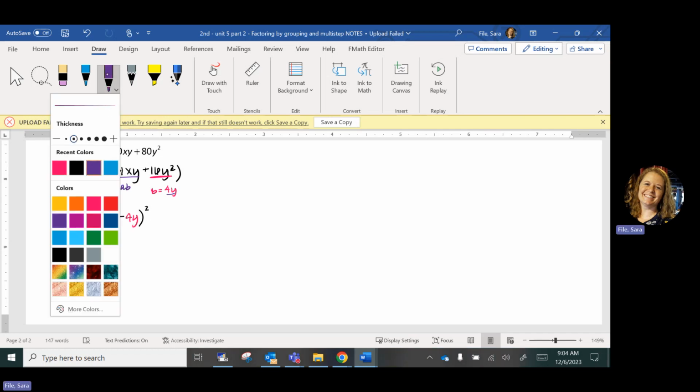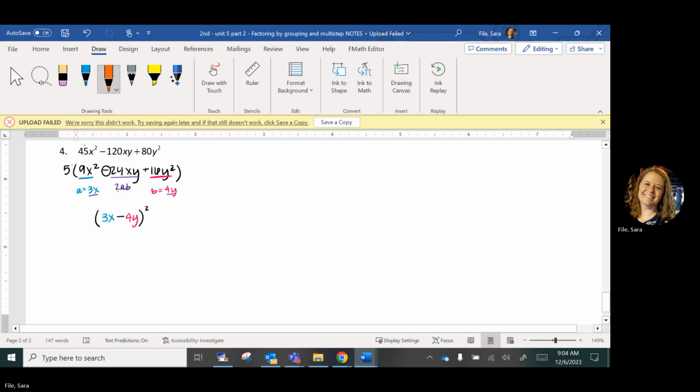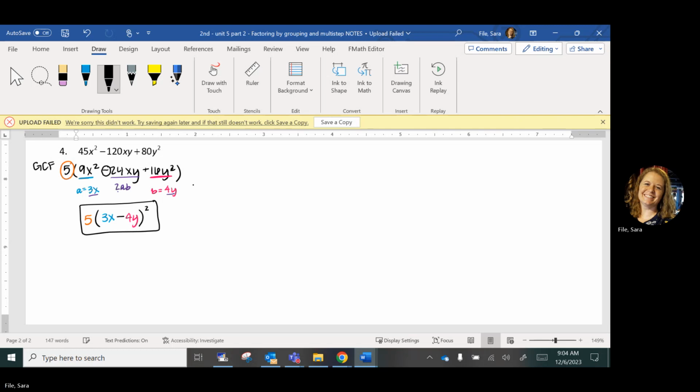Now the GCF that we took out at the beginning, let me get a different color, did not go anywhere. It is still there. So don't forget that that is still there. Don't leave it off. So we did GCF, and then this was a perfect square trinomial.